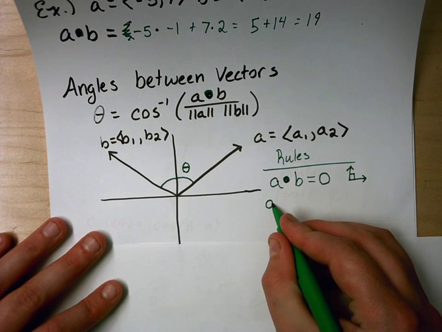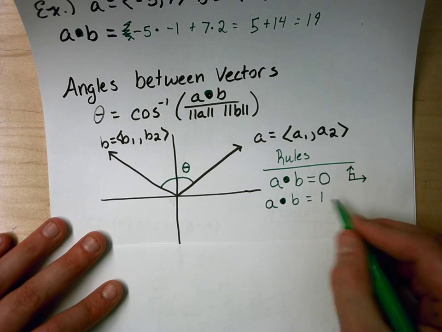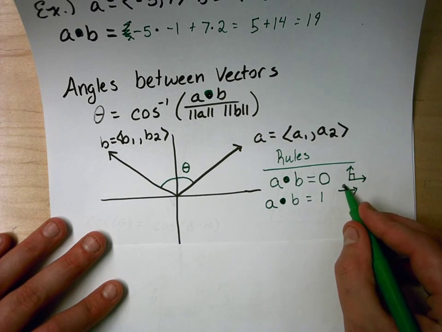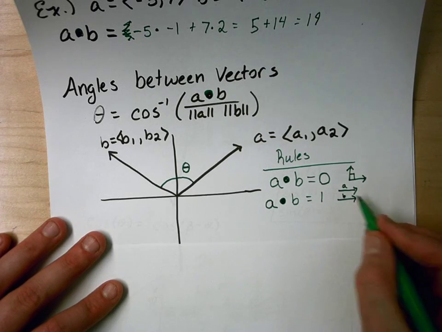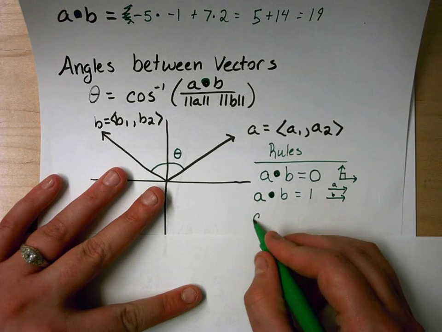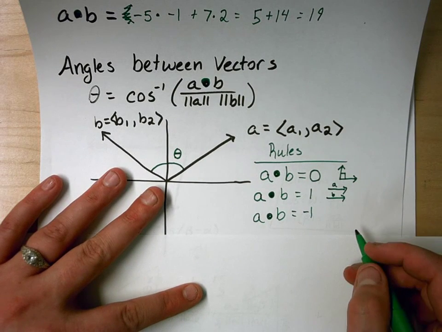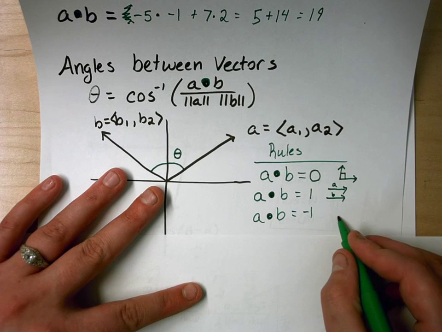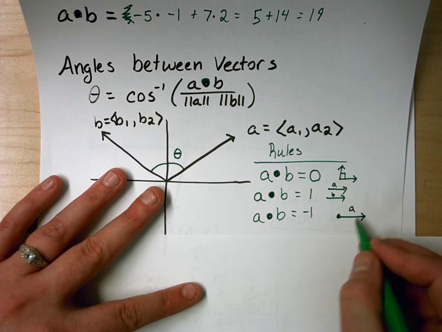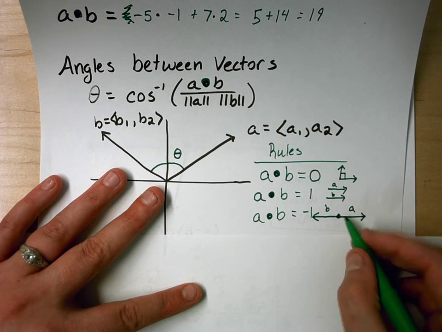Okay, if we have A dot B equals 1, that means that they're parallel. Right, so that would be like this. Okay, and then if we have A dot B equals -1, then we know that A and B go in opposite directions.